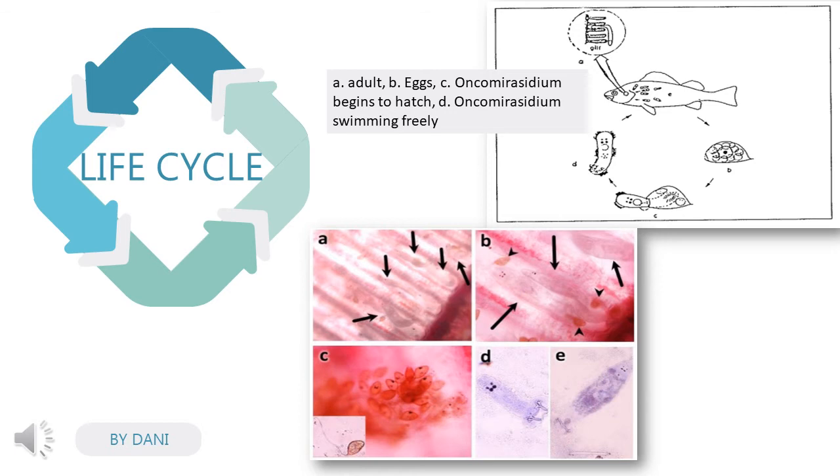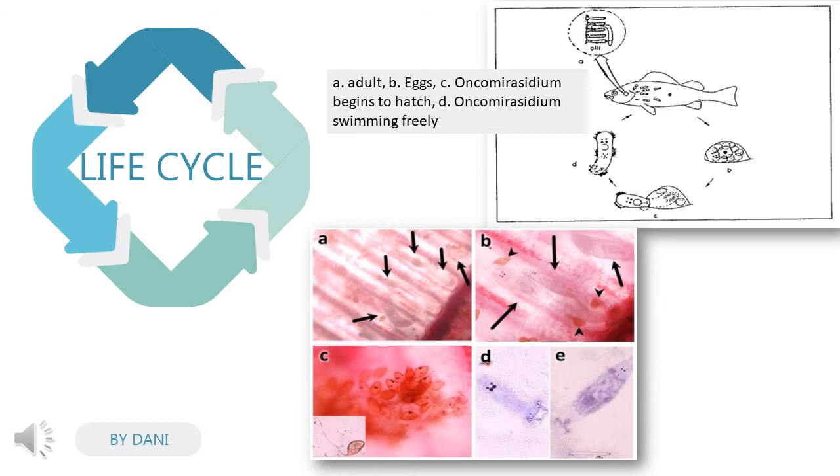The eggs hatch into free swimming larvae within 2 to 6 days at 30 Celsius with a salinity of 30 ppt. Oncomiracidium can stick in a short time.